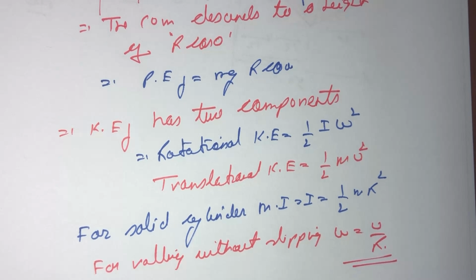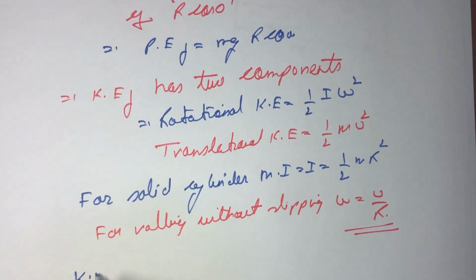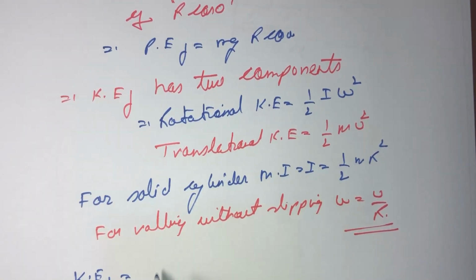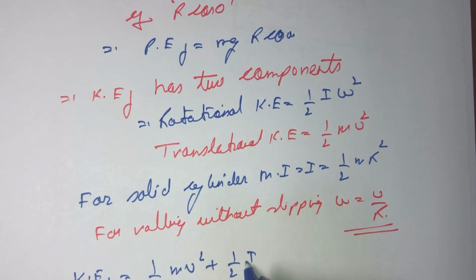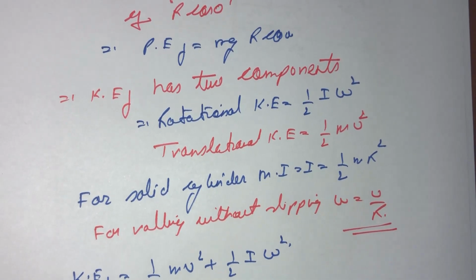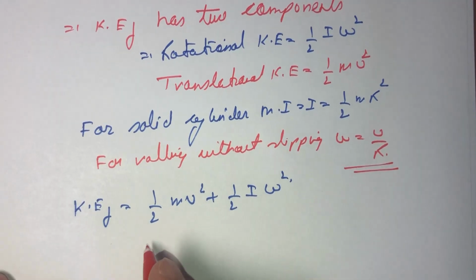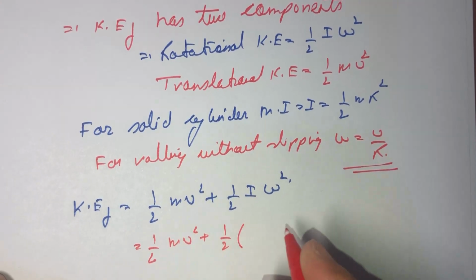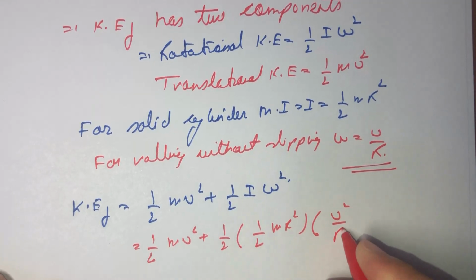So therefore you can find out that final kinetic energy will be equal to the summation of both, that is we have half m v square plus half I omega square. Substituting the value of I as well as omega, we get this as half m v square plus 1 by 2 times 1 by 2 m r square times v square upon r square.